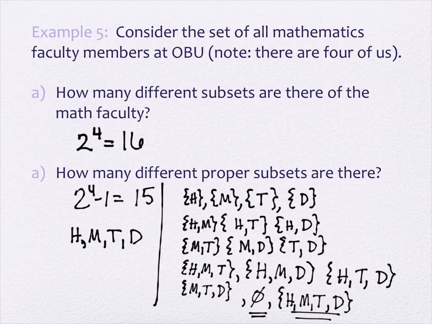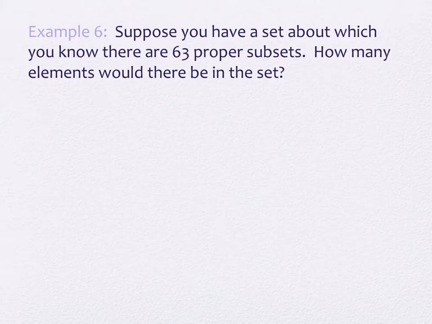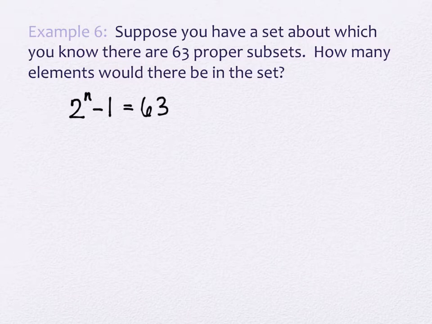Thinking about these relationships, an example: suppose you have a set about which you know that there are 63 proper subsets. How many elements would be in that set? The proper subset formula looked like that, and it's supposed to equal 63.